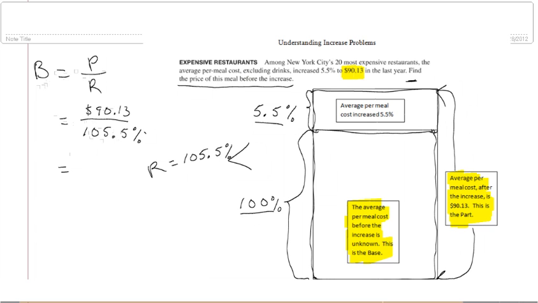And when you do that, you get $85.43. So that is our base. That is the average per meal cost before the increase.